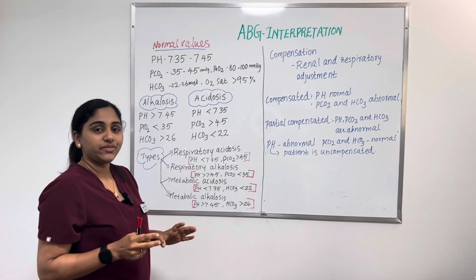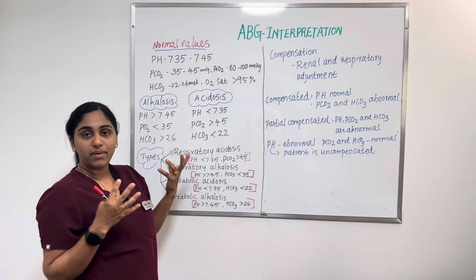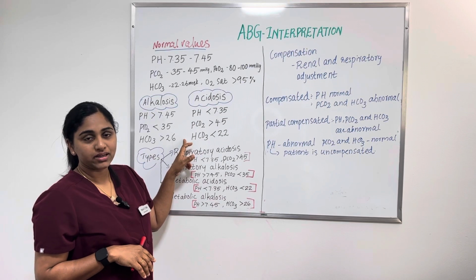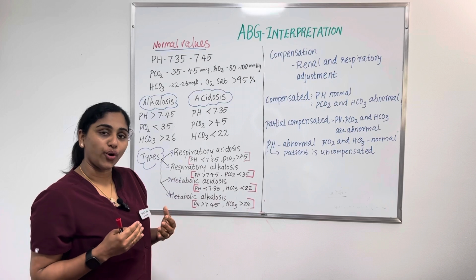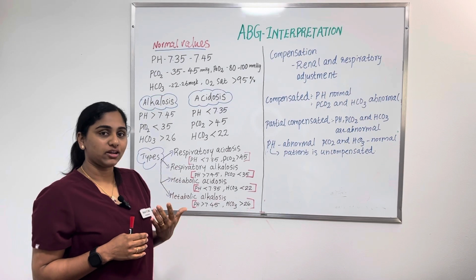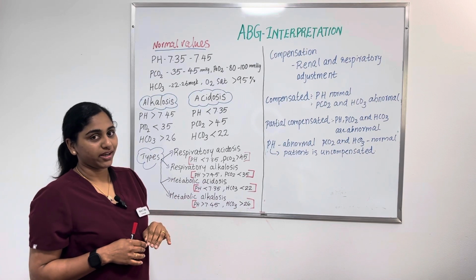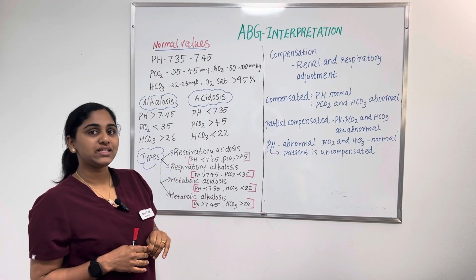So far we have seen what is normal and what is meant by alkalosis and acidosis. Next, it is very essential to know the type of acidosis and alkalosis, either respiratory or metabolic. So let us see more about the types of acidosis and alkalosis.